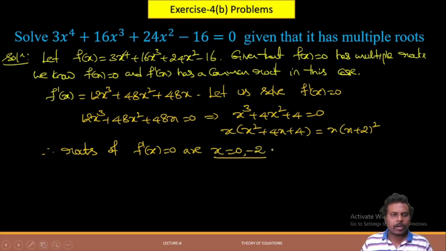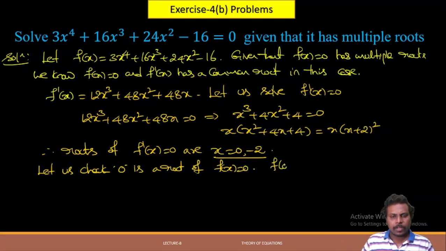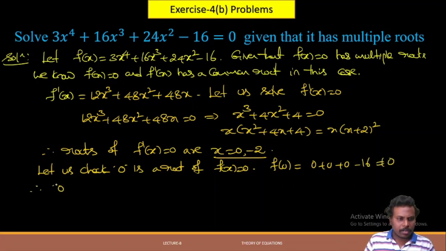Now we have to find out the multiple root of f(x) = 0. Let us check. Is 0 a root of f(x) = 0? Substituting x = 0 in f, this becomes 0 + 0 + 0 - 16, which is not equal to 0, so 0 is not a root of f(x) = 0.